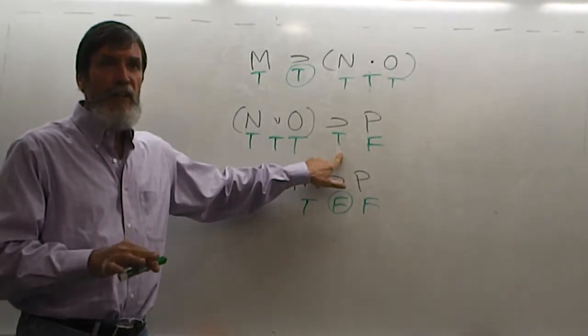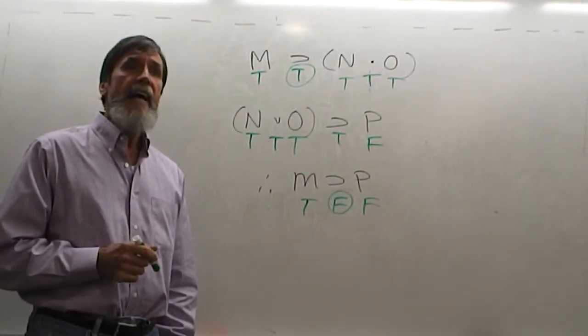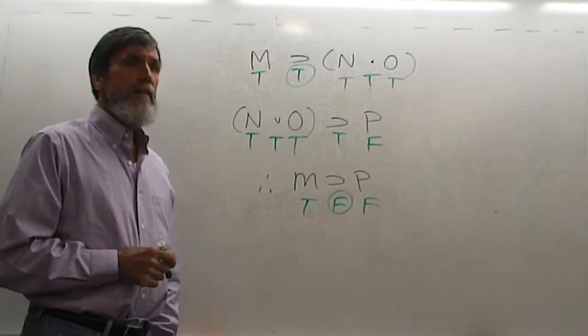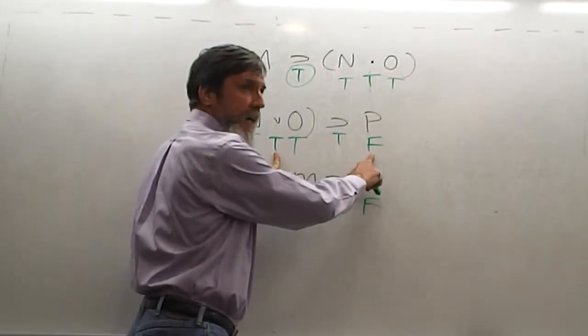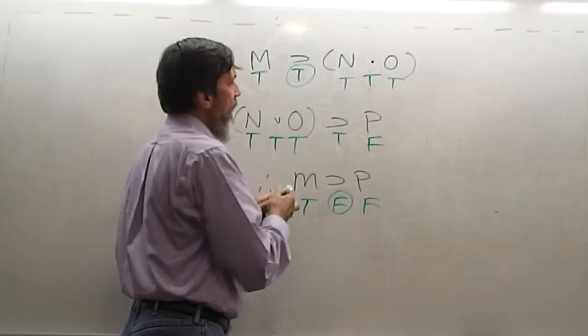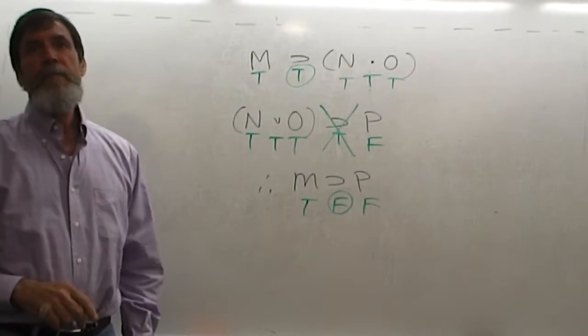You have to make sure that a contradiction has not occurred, but a contradiction has occurred, right? Because we have a true antecedent and a false consequent. That makes a false horseshoe.